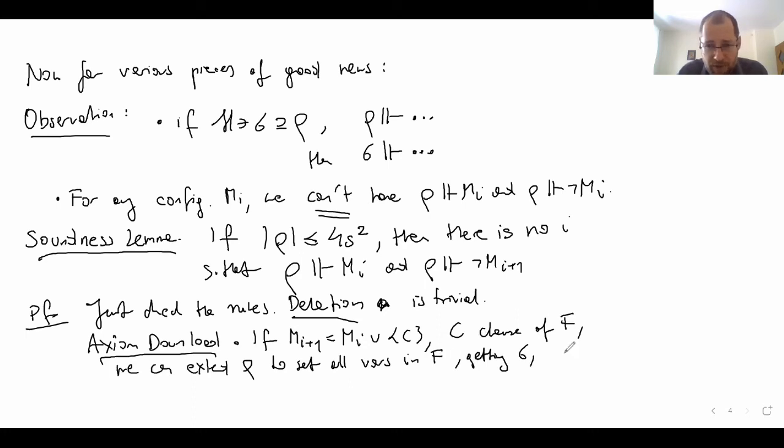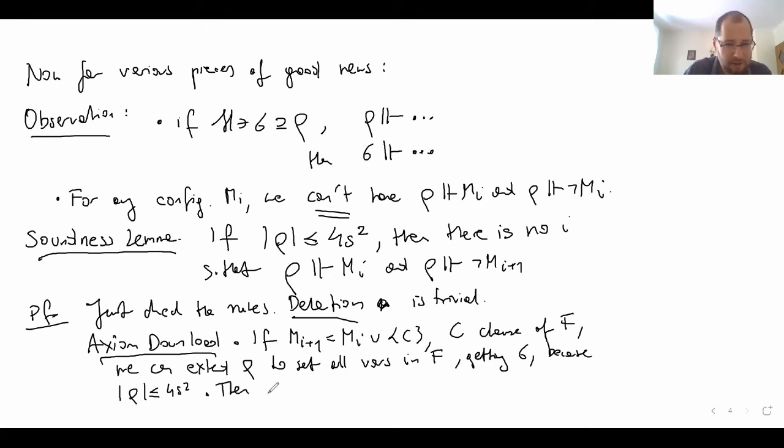Why can we do that? Because rho is small enough. So we still have k variables of freedom, and clauses only have k variables.